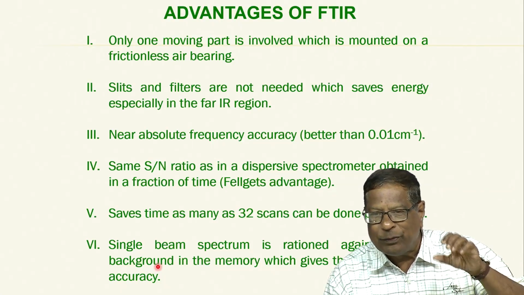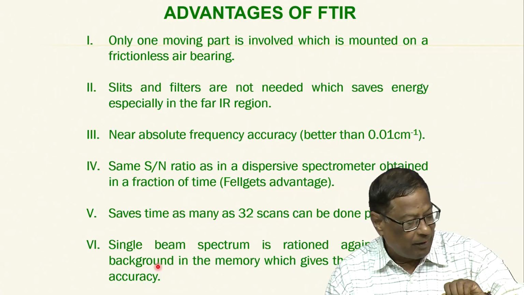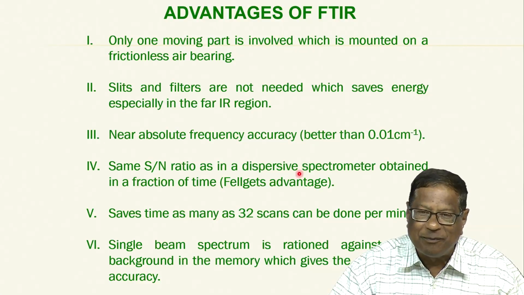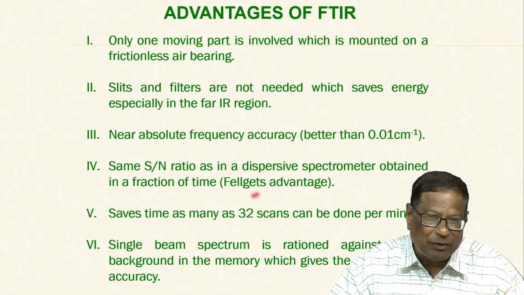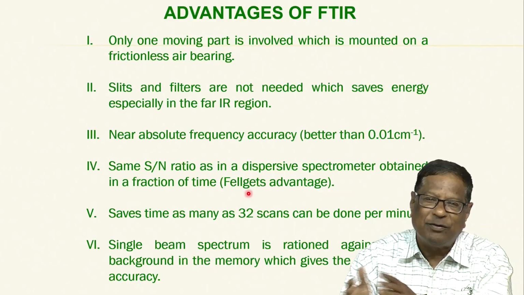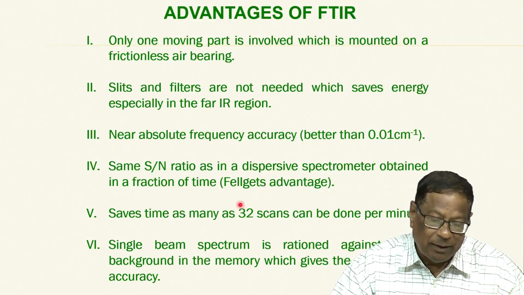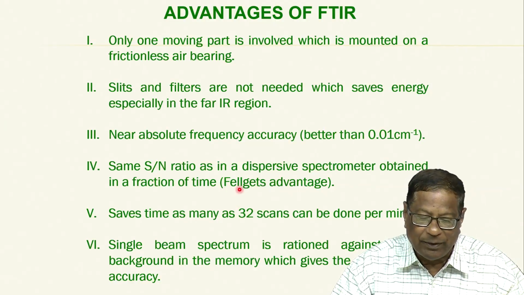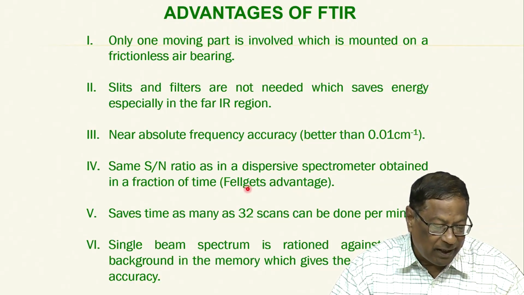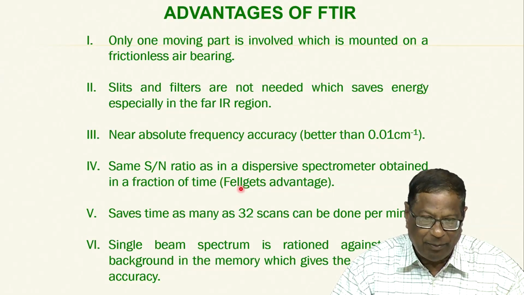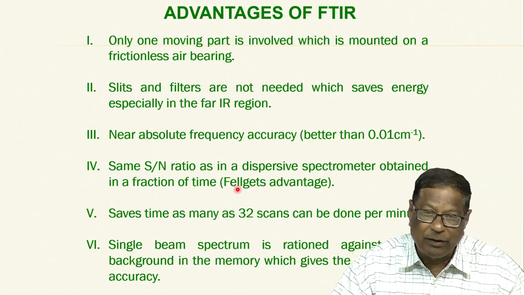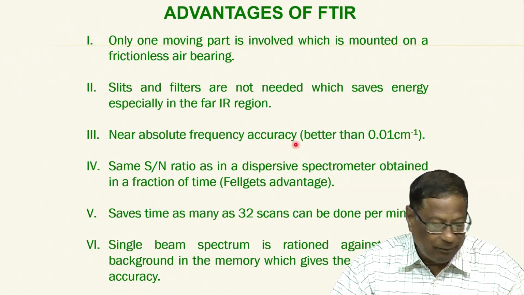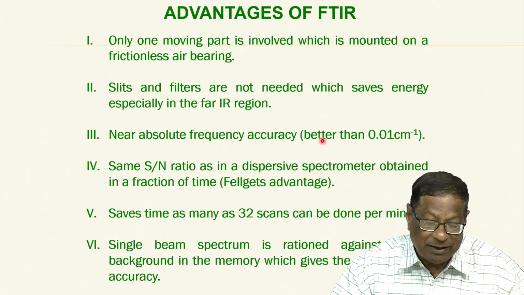So, I use only 50% for the measurement, but in a single beam instrument all the radiation is passed through the sample. So, the peak quality would remain much better. So, these are the advantages of FTIR. I think you should remember all this, because I will be asking you questions in the examination about these things if you are taking an examination.